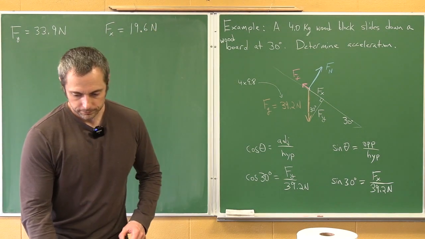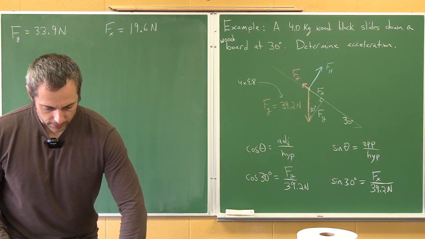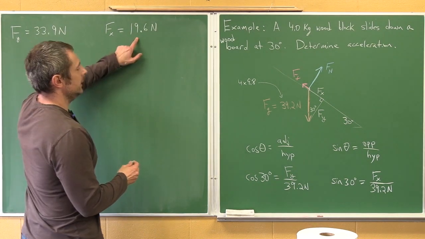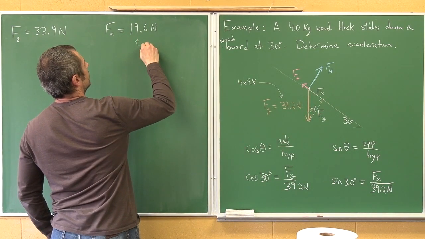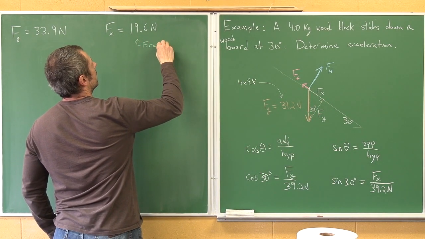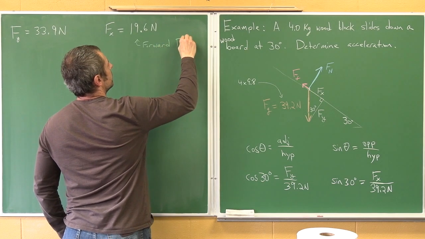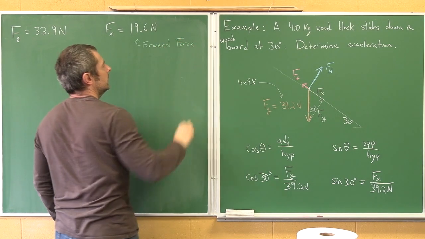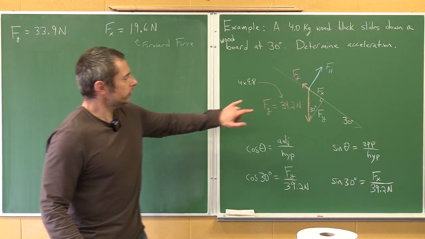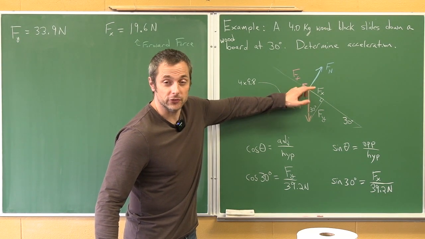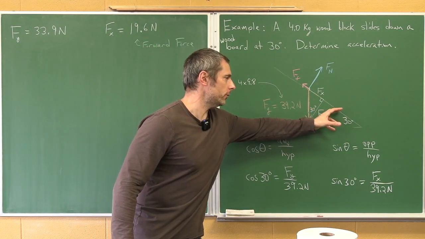Now, this basically is the forward force that creates the acceleration. But in order to find the acceleration, we also have to factor in the friction because it's removing from the forward force.